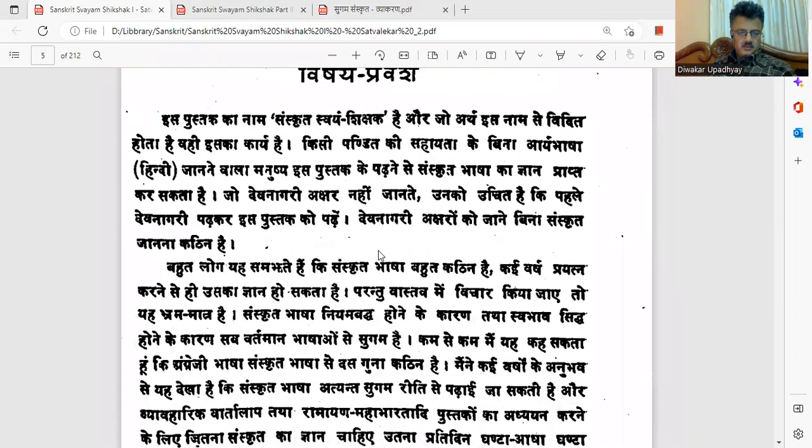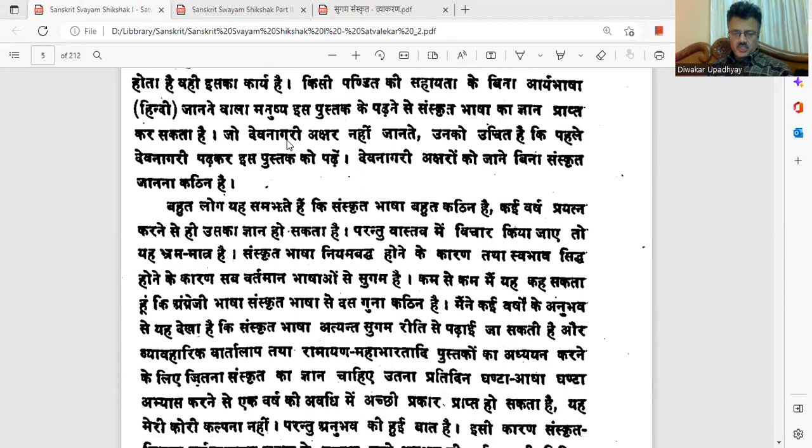The name of this book is Sanskrit Swayam Shikshak. This book can help you learn the Sanskrit language without the help of a teacher. To use this book successfully, you first have to know the Devanagari script.